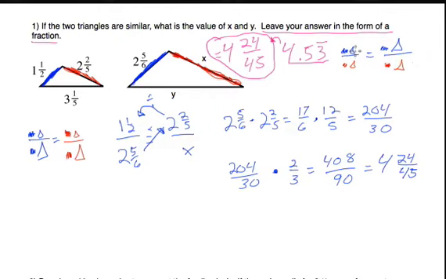Now, in this one, we were comparing blue side to blue side, red side to red side, small on top, big on bottom. Here, we're comparing blue to red of the small triangle to blue to red of the big triangle. Still, we're comparing the same features in the same way, so our proportion is valid.